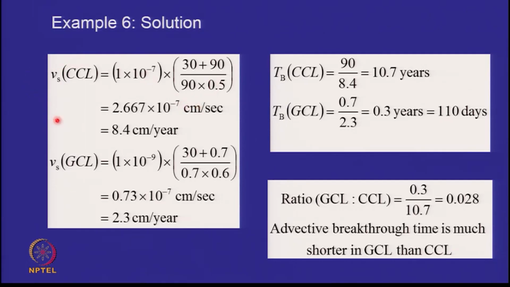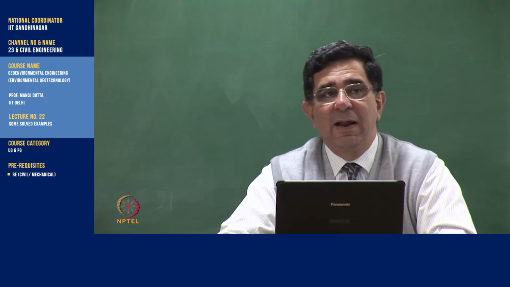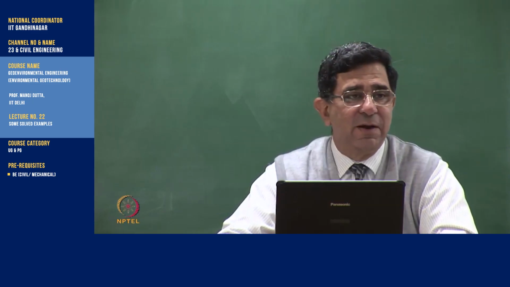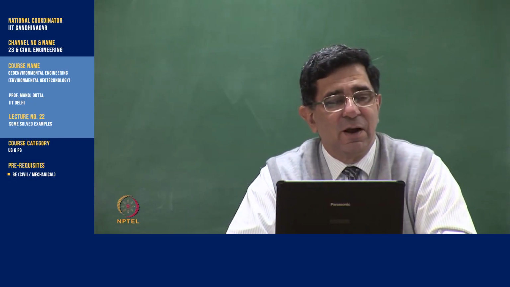And the seepage velocity will work out to be 8.4 centimeters per year. So the important thing which I am trying to tell you is Q is large. How much is the Q? 1151 liters per hectare per year. The question is, when does it start to come out?